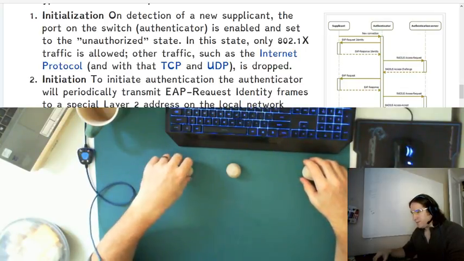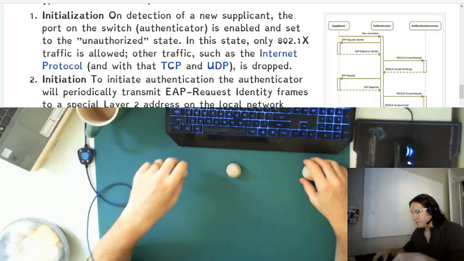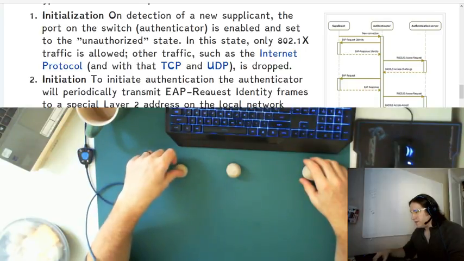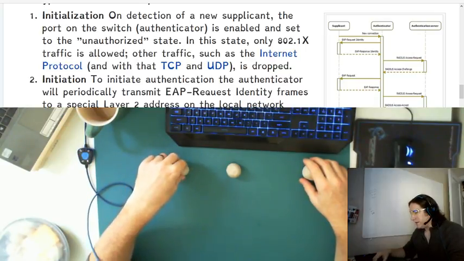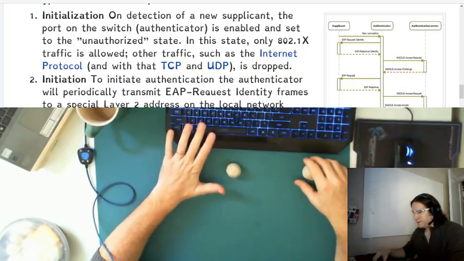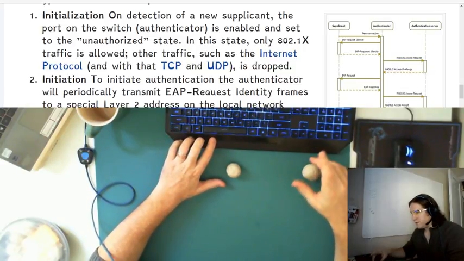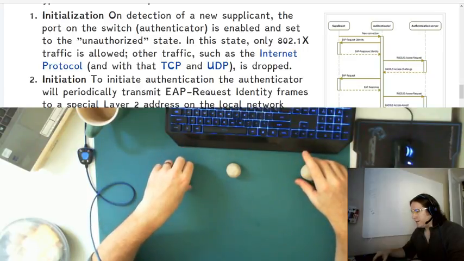The supplicant may also initiate or restart authentication by sending an EAP over LAN start frame to the authenticator, which will then reply with an EAP request identity frame.